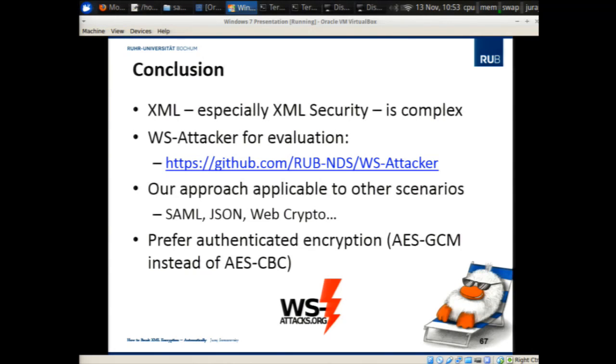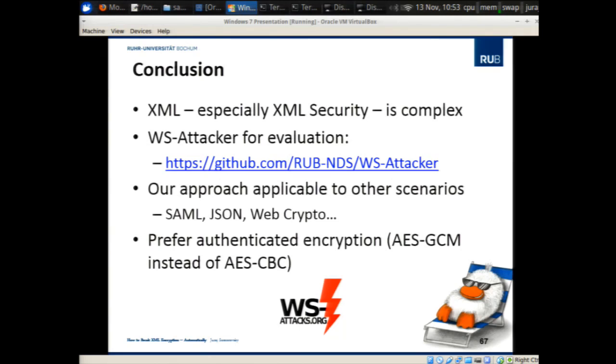In conclusion, I presented some XML Encryption and XML Signature Wrapping attacks. XML security is pretty complex, so we have to cope with specific crypto algorithms, signature algorithms, and vulnerable encryption schemes.